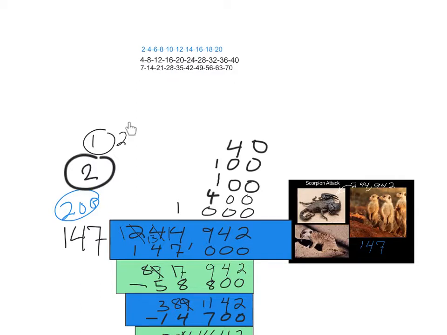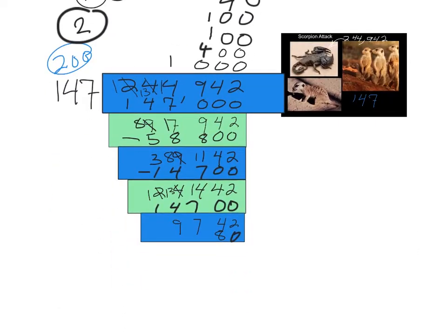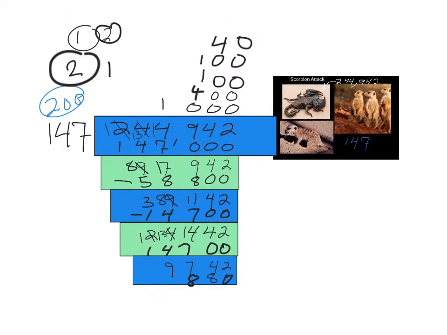Bam, right there. Plus this 2 is going to give me 18. So I'm going to drop my 8 and carry my 1 right there. And then I've got the 4 here times 1, which is going to give me 4, plus 1 is going to give me 5. So I'm going to write a 5 right there.